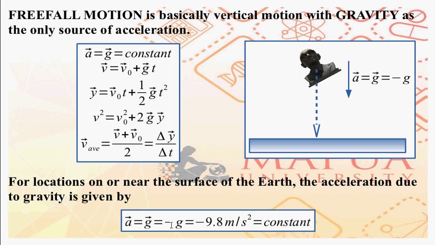Vector g is equal to negative g. g is the acceleration due to gravity magnitude, and g is just equal to 9.8 meters per second squared. So vector g is equal to negative g is equal to negative 9.8 meters per second squared, and it is constant at this value for as long as the object is on or near the surface of the Earth.